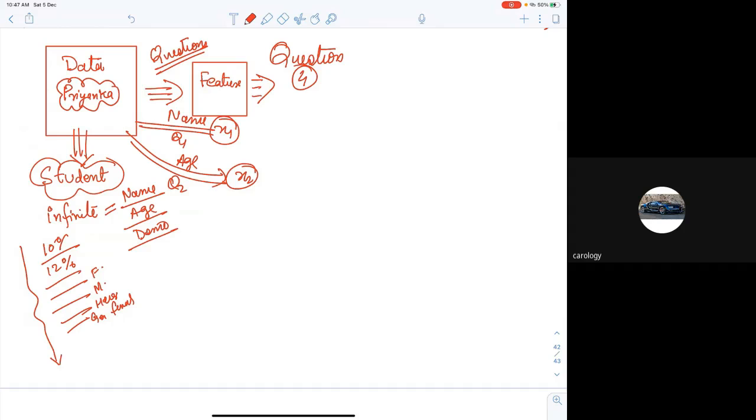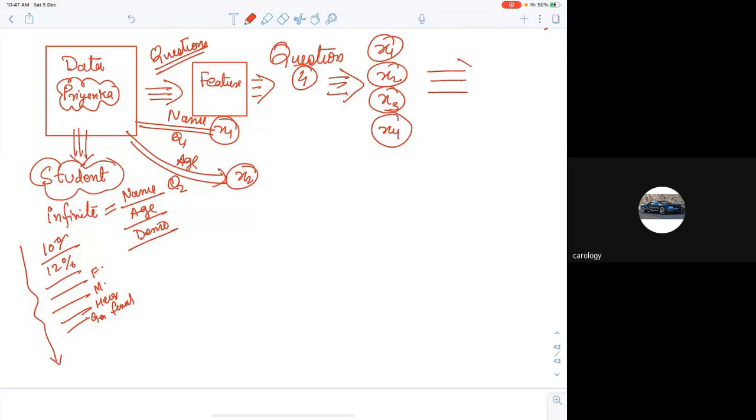What type of questions do we need to ask? That is completely dependent upon what I intend to do using these outputs. Suppose the problem that I want to solve is this: given a data, I will ask questions, and given the answers to those questions, I am going to tell whether I am going to select Priyanka as my PhD student or not.